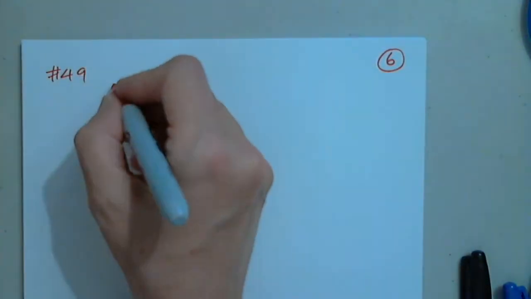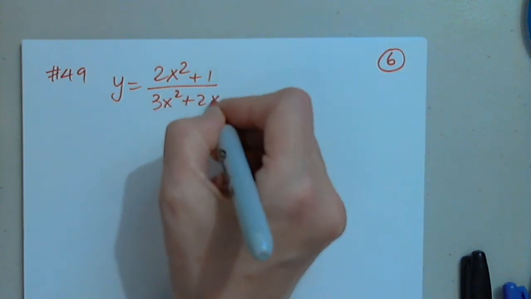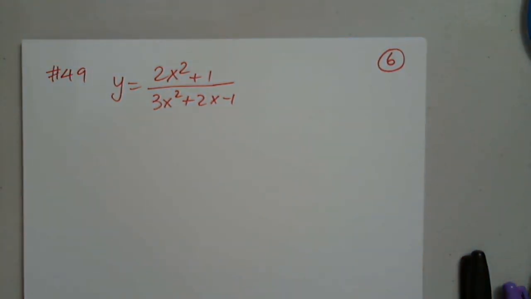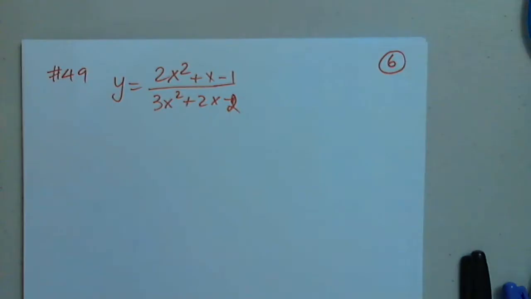Okay, I'm ready. You choose the next problem. Okay, I'll choose 49 if you don't want to choose. So I have y equals 2x squared plus x minus 1 over x squared plus x minus 2.